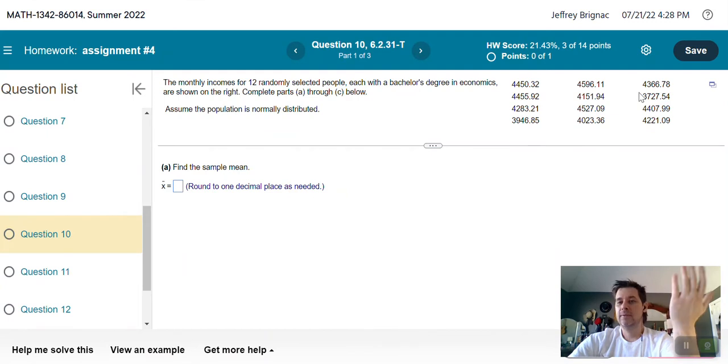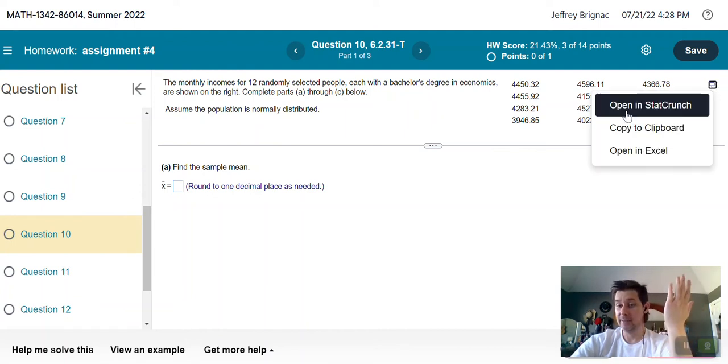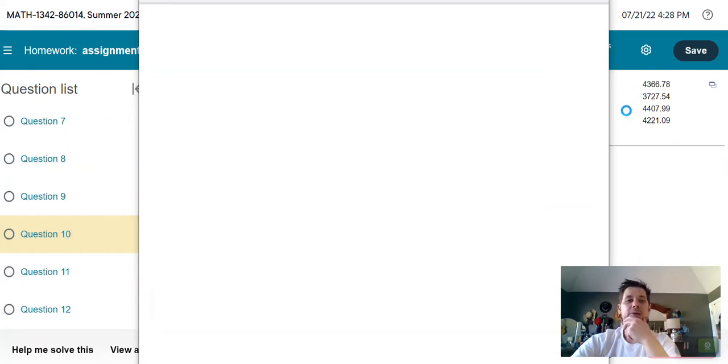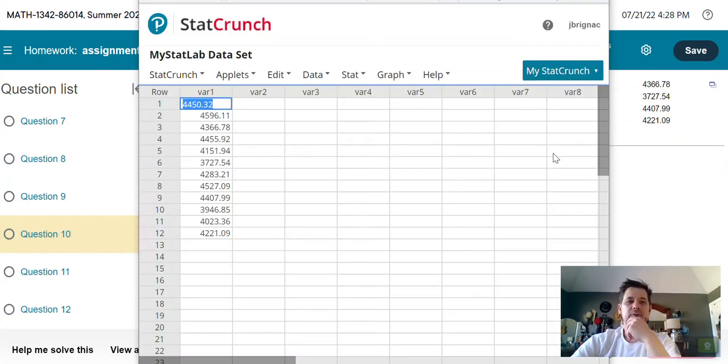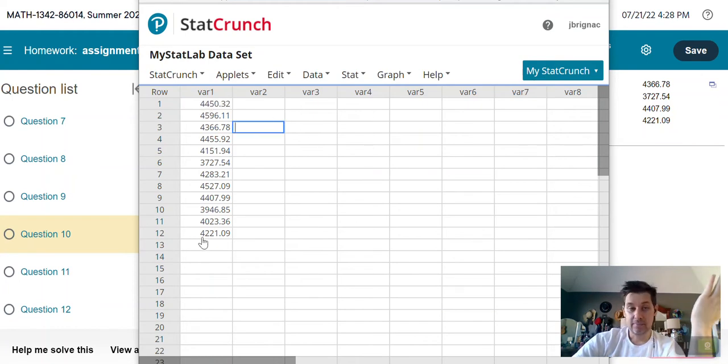I guess I could write all these numbers down, but I'm not going to do it that way. That takes too long. I'm going to open it in StatCrunch. There are my numbers.